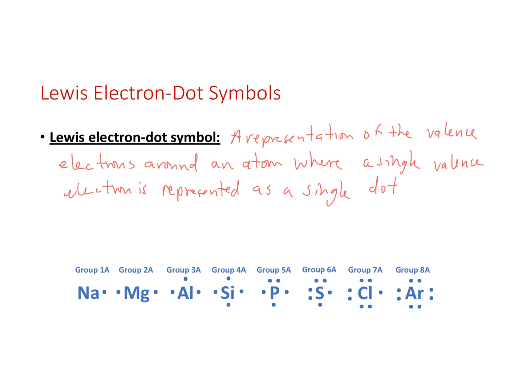So sodium has one valence electron, and that's what we've indicated right there.